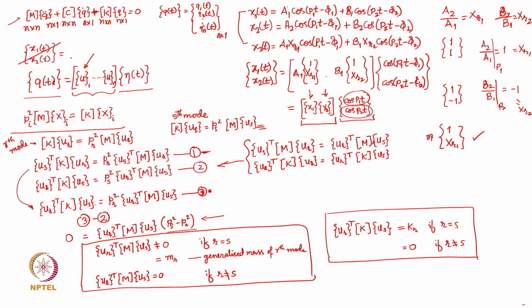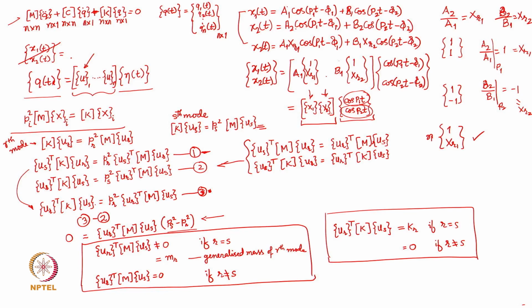Okay. So, these are the mathematical equations representing the orthogonality of the mode shapes with mass and stiffness matrices.